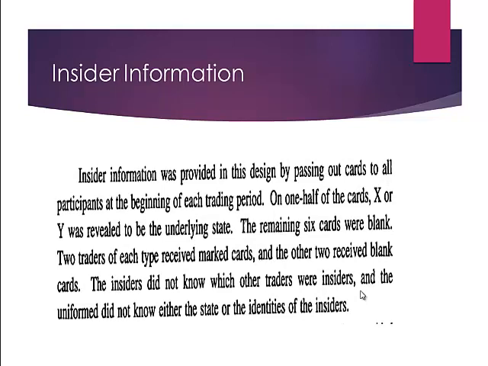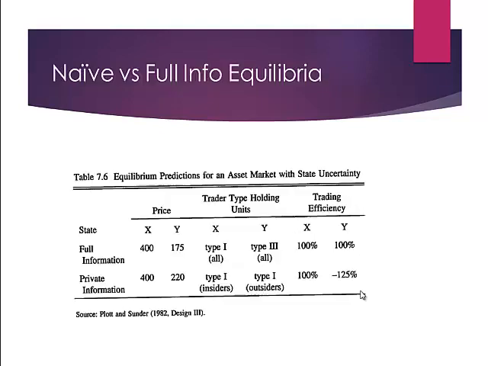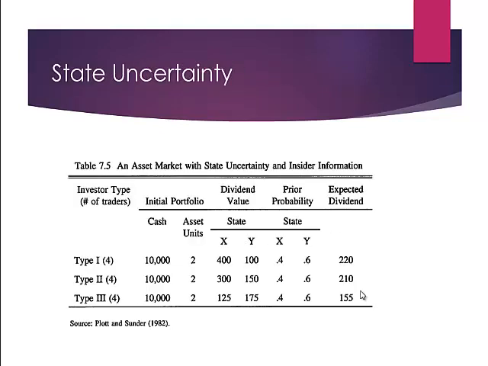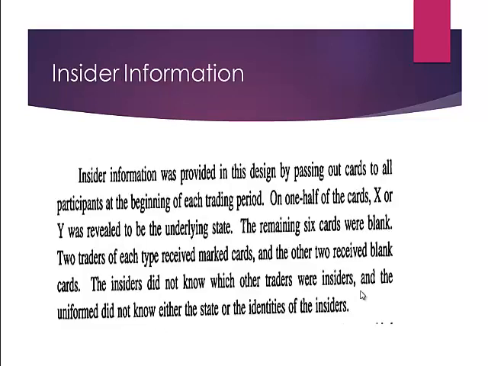So now insider information was provided in this market by passing out cards. Half of the cards were blank. There are 12 traders, 4, 4, and 4. So 6 of the cards have marking either X or Y, which reveals the true state, and the other 6 are blank.